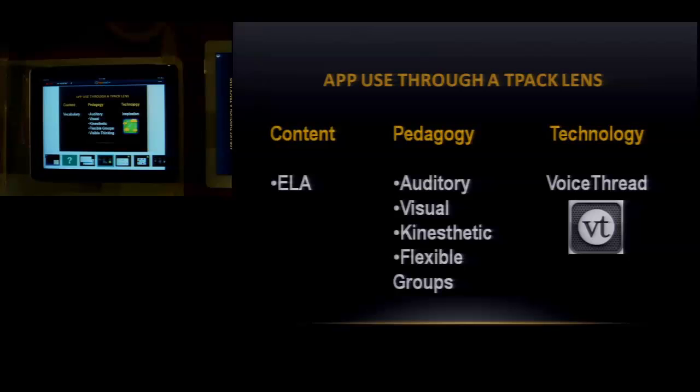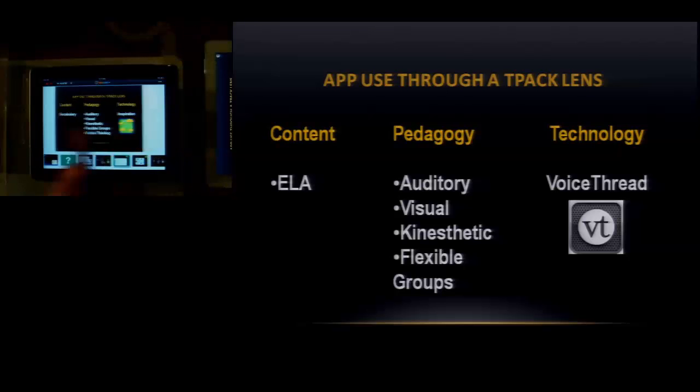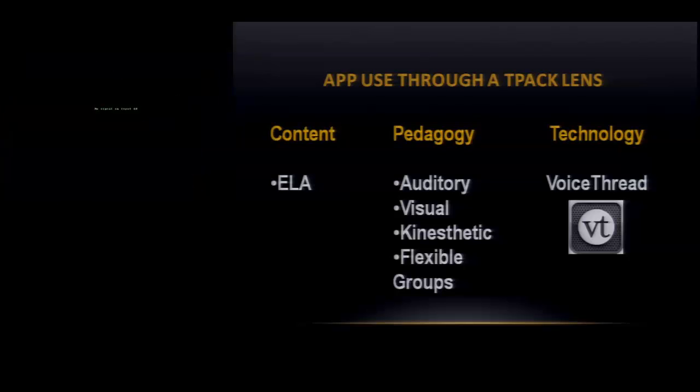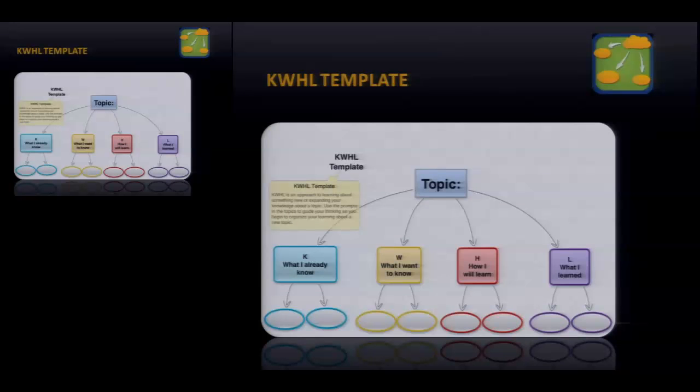So I'm not going to take you to this app, since many of you know what it's like, but I am going to show you on the next slide. You can see that this is a typical KWHL template. On the free version, there are templates ready-made.